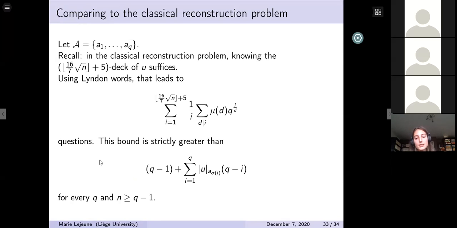And this is the case. This is always true. We were able to prove it in the general case if n is at least k minus 1. But in fact, with a computer, you can check that it's also true for small values of n. So it's always true. But that was quite ugly to show, and we needed several pages of computations.